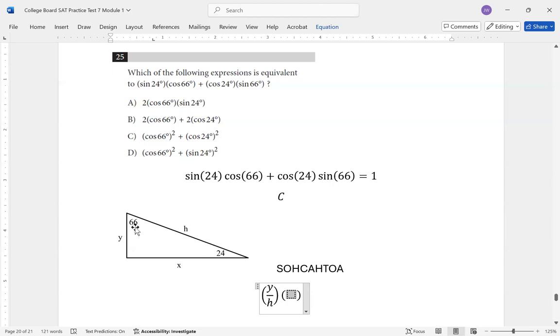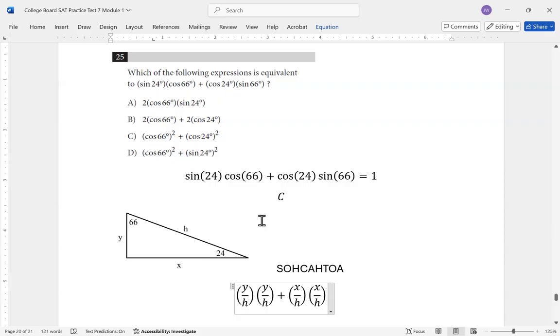The adjacent side to the 66 degree angle is y. So I'm going to also get y over h for the cosine of 66. Plus cosine of 24 is adjacent over hypotenuse. That's x over h. And then lastly, sine of 66. Sine is opposite over hypotenuse. That's another x over h.